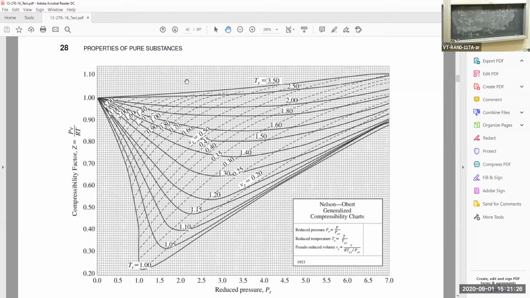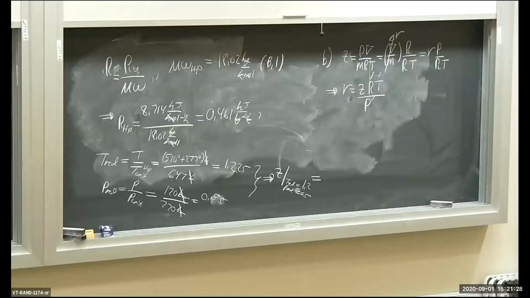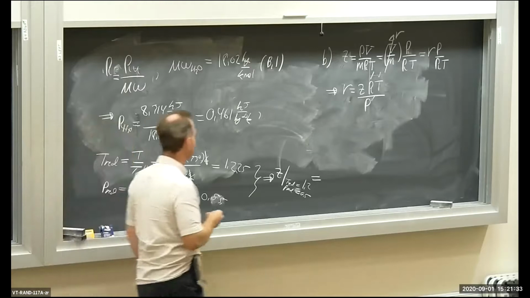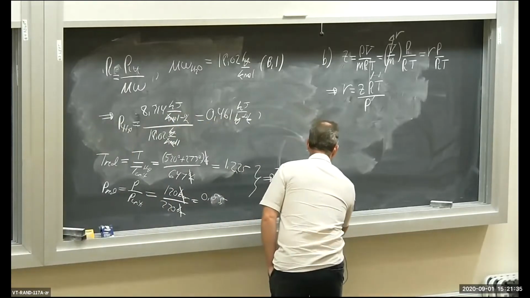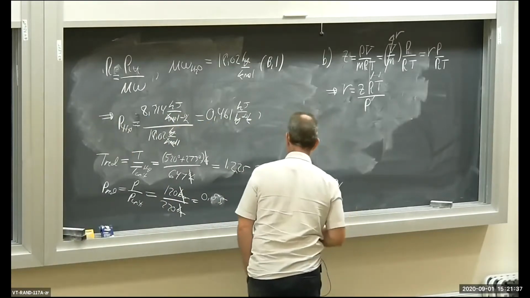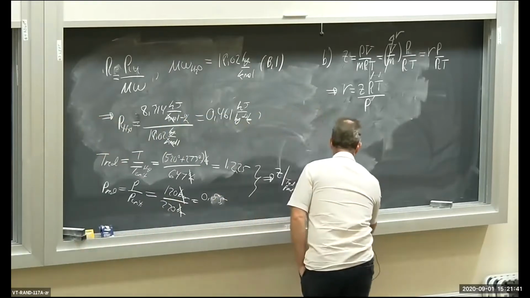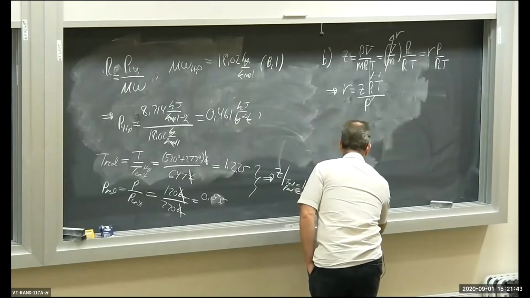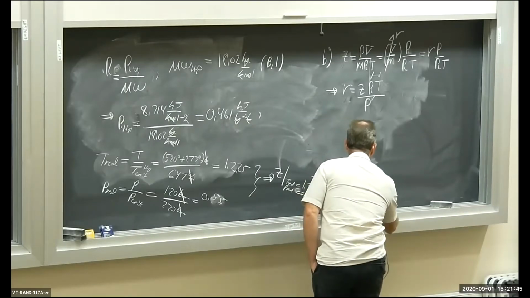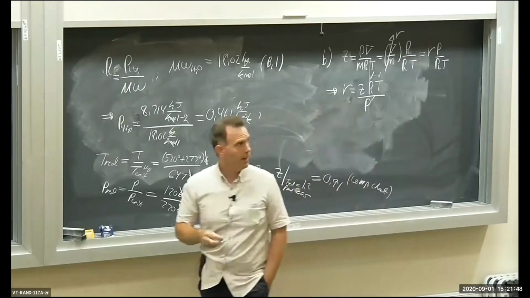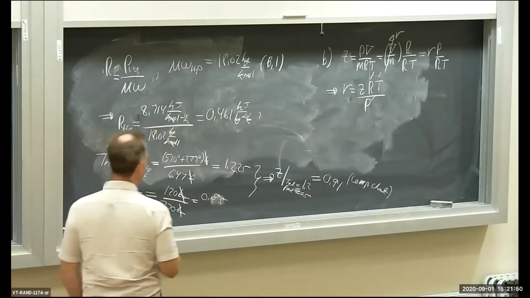I'm going to put that in. I'm going to choose 0.91. So Z is approximately 0.91. And that's from the compressibility chart.